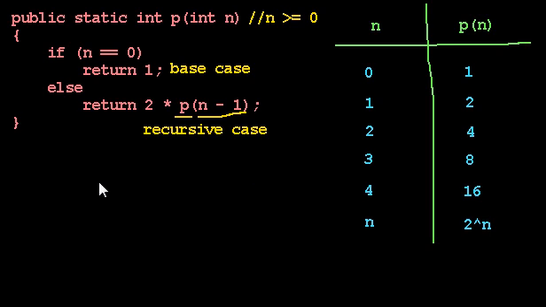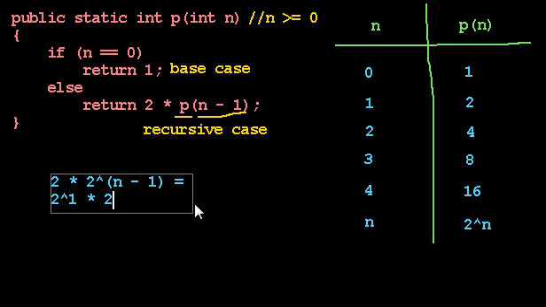This is finding 2 to the n. And actually, if I look at it, it should make sense, because if I know this is 2 to the n, then it makes sense to me, because 2 to the 0th is 1, and I know that 2 times 2 to the n minus 1, let's write that down, 2 times 2 to the n minus 1, and I know this is 2 to the n minus 1, because that's what p means, 2 to that power. 2 times 2 to the n minus 1, well, that's 2 to the first times 2 to the n minus 1, and we know in that situation I can add the exponents. 1 plus n minus 1 is n, 2 to the nth.